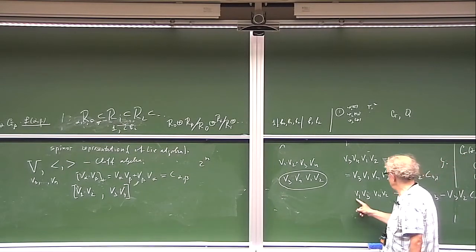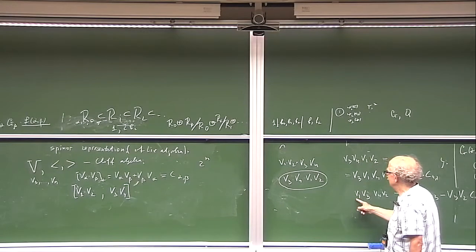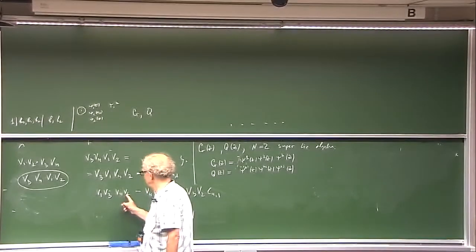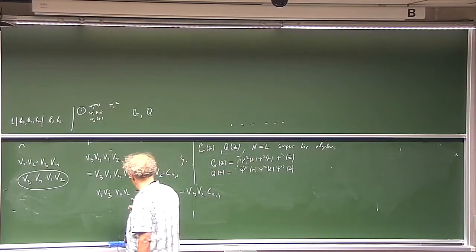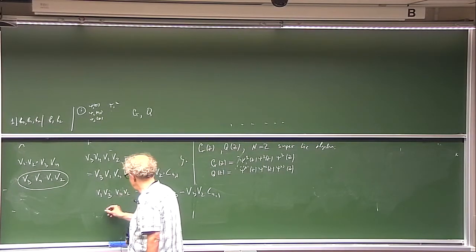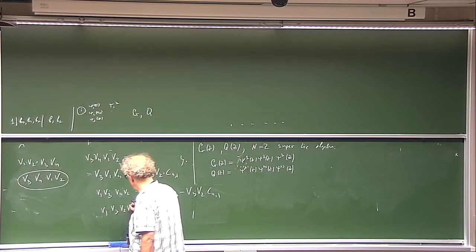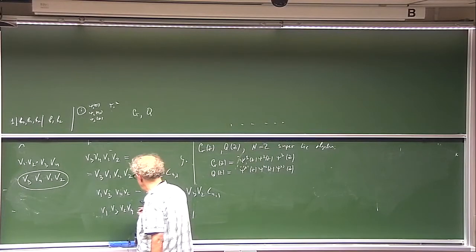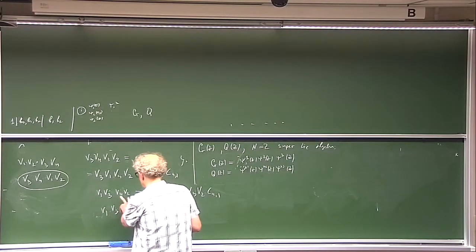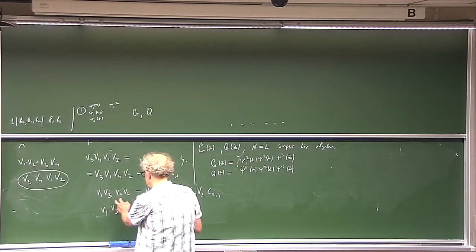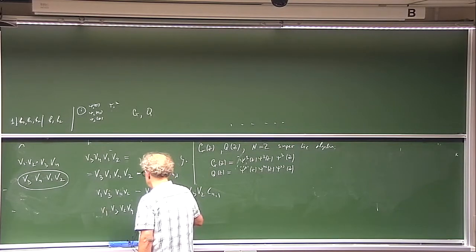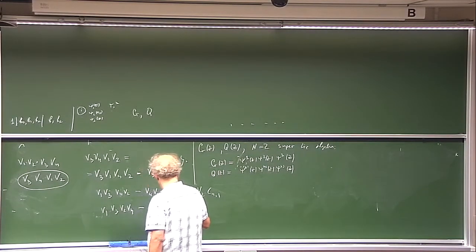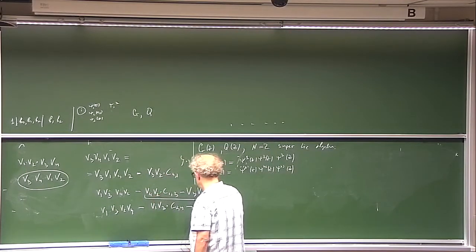Now V1 is in the first position. But then we need to put 2 here, and we can do it in 2 steps again. Then it gives us V1, V3, V2, V4, and here minus V1, V3, and here we have C24, if I am correct, minus, let me not write it, minus this.